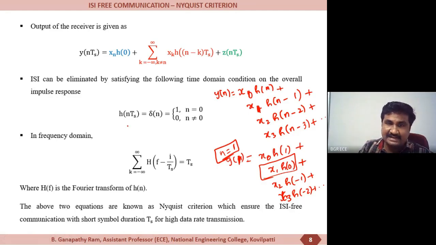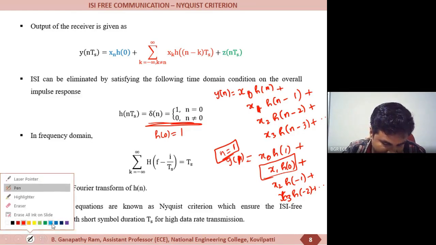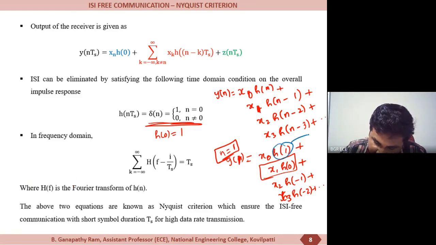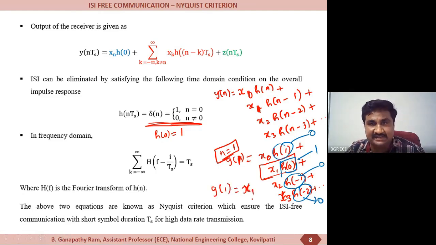If h of n is a Dirac delta function, then h of 0 alone is 1 and all other h of n values are 0. So all the other terms will become 0 and this term will become 1. So exactly we have y of 1 equal to x1, which is transmitted by the transmitter. This is what we actually need.